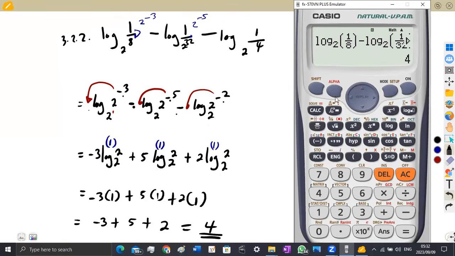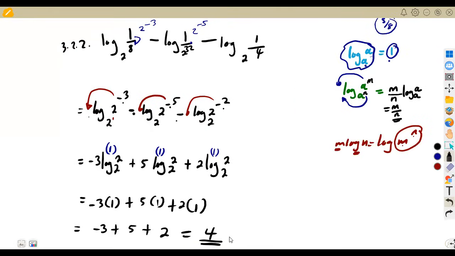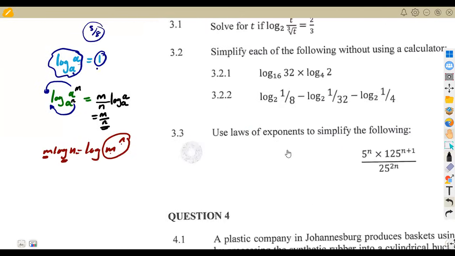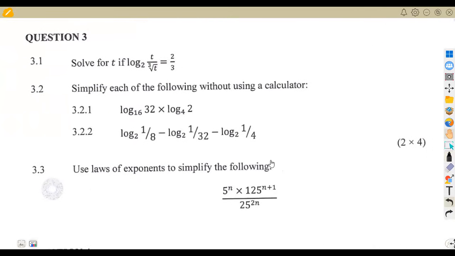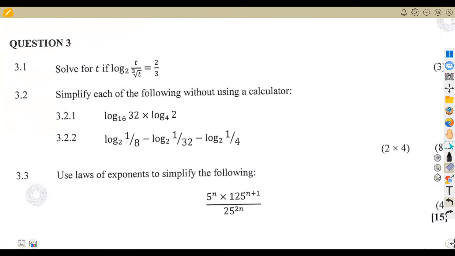You can see that you are obtaining a 4. So the calculator is just there for proof. You are not allowed to apply the calculator at this stage. You're supposed to work without a calculator, but you can use it as proof to say if your answer is correct or not.